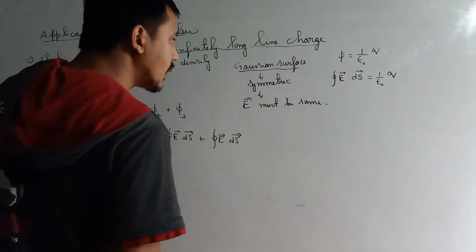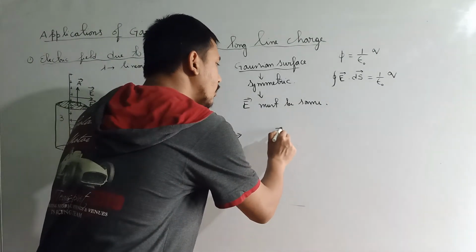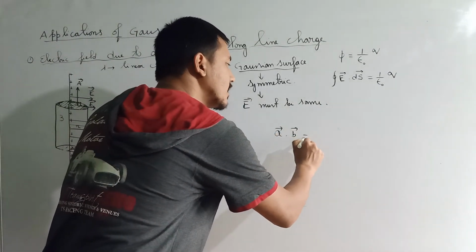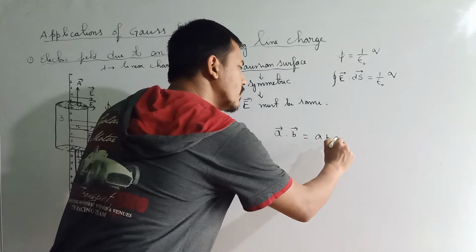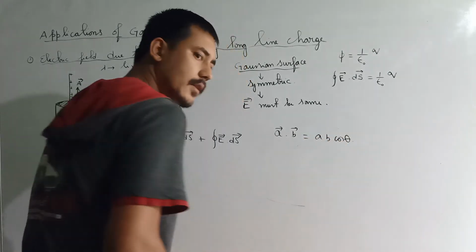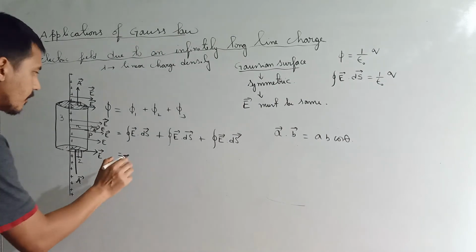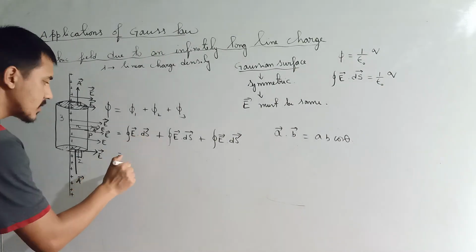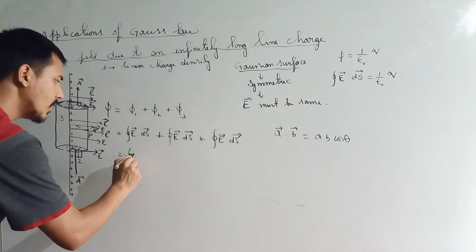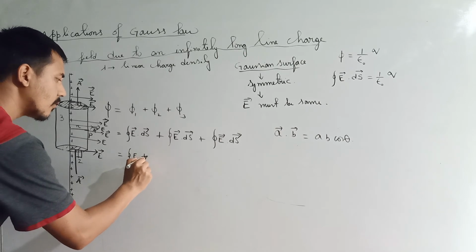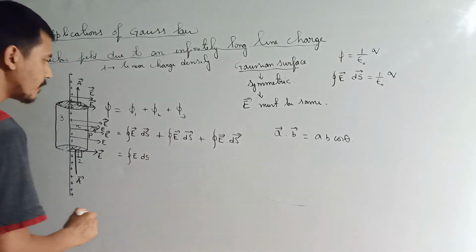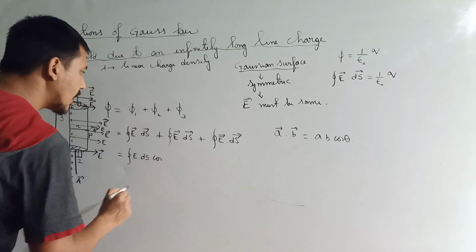So you know that the dot product of two vectors A and B is given by magnitude of A, magnitude of B, with the cos of the angle between them, right? Here also, the dot product is magnitude of E, magnitude of ds, and cos of the angle between them.